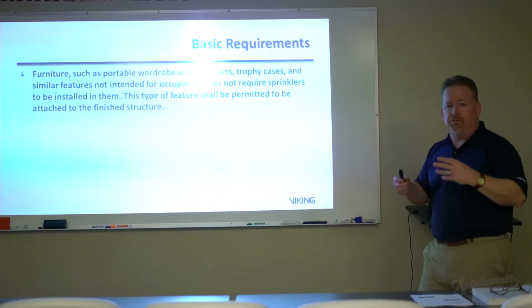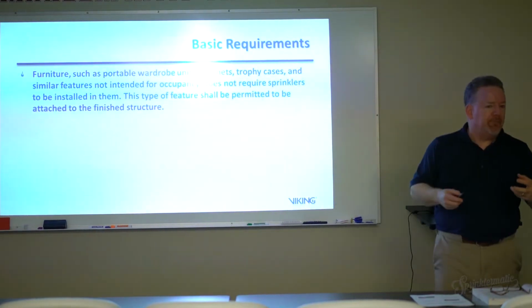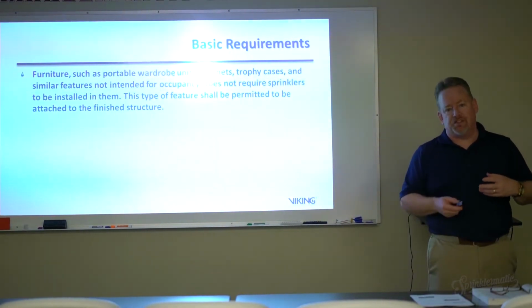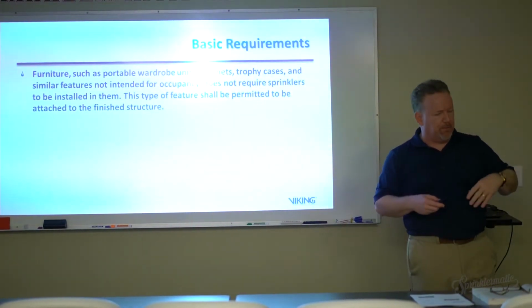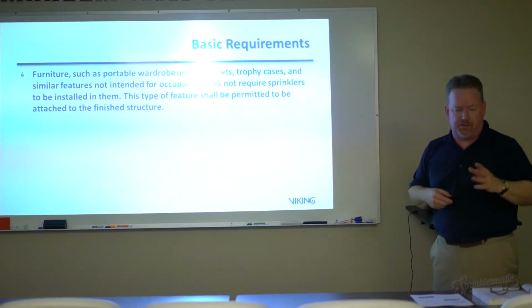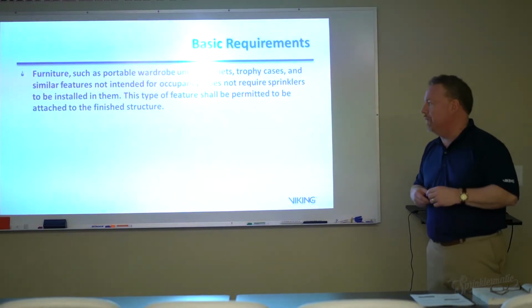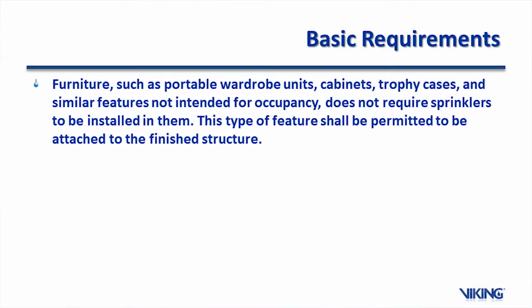So primarily with this basic requirement in section 8.1 of the standard, we break it down into a couple of exceptions where the standard allows us to omit the sprinklers, and then it comes across a couple of interesting ones at the end. Furniture such as portable wardrobe units, cabinets, trophy cases, and similar features not intended for occupancy don't require sprinklers in them either.